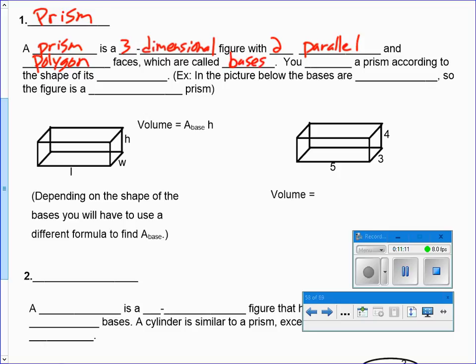They could be any type of polygon. It could be a rectangle, a square, a triangle, trapezoid, parallelogram, whichever. But you name a prism according to the shape of its base. In the picture below, we see that the base is a rectangle, so we would call this a rectangular prism.